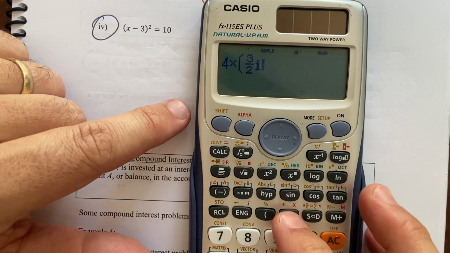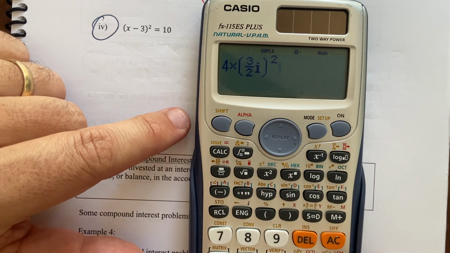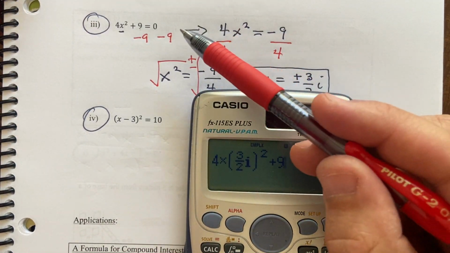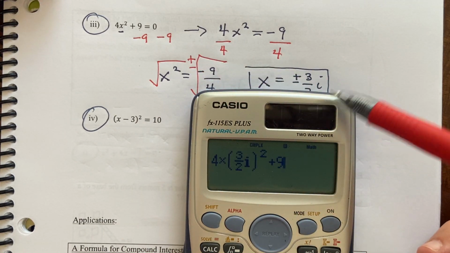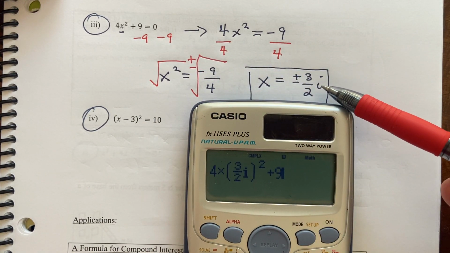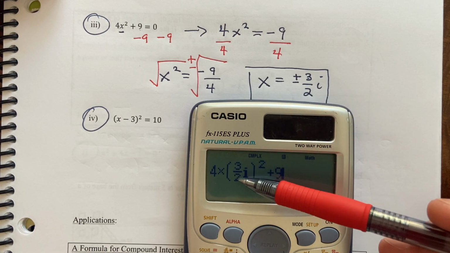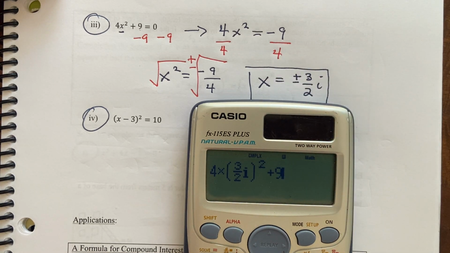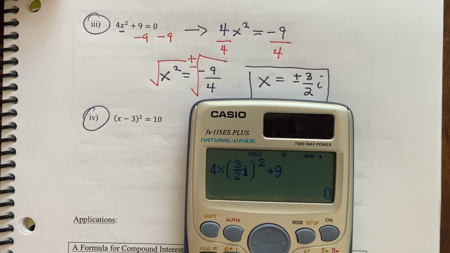So now I have i there, in parentheses squared, and then adding 9. Right, I'm checking this problem here with our proposed solutions. So I'm just plugging in the plus case, making sure that I indeed get a 0. So I do get a 0. And even if this were the minus case, I still get a 0.